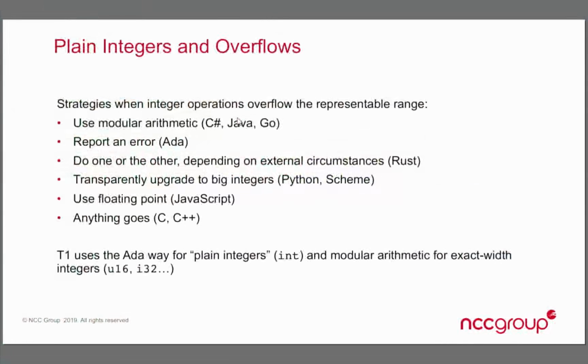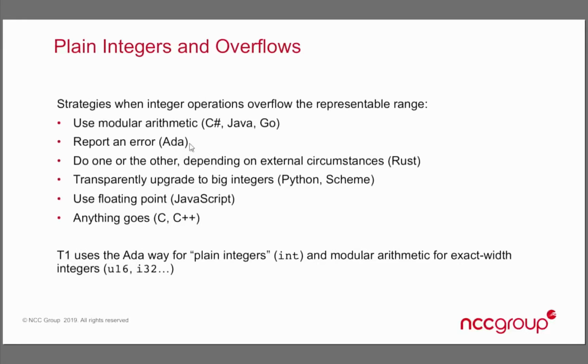For the plain integers, I've decided to go as Ada. If you have some integers and you do an operation which goes out of range of representable values, you've got basically 6 ways to handle that. In C#, Java, Go, it's guaranteed to use modular arithmetic. It's truncated to 32-bit, and that's it.